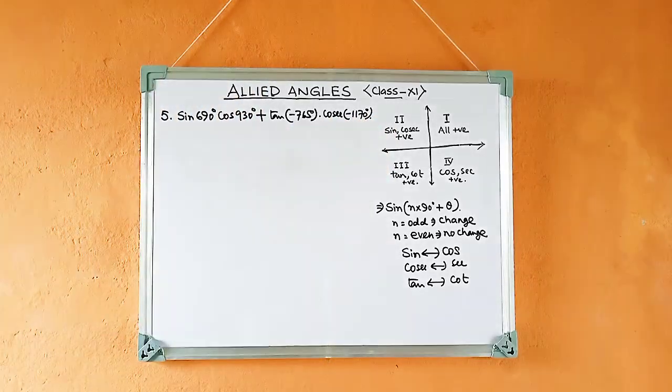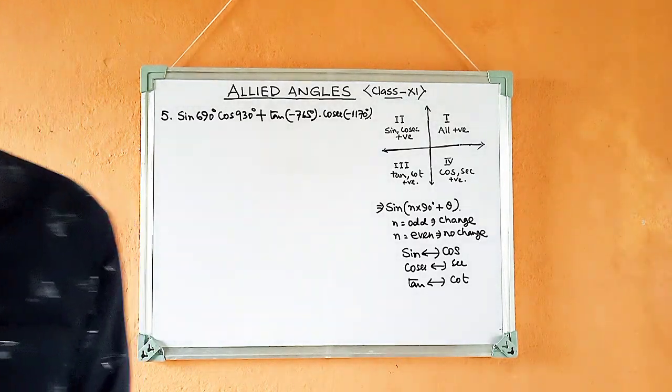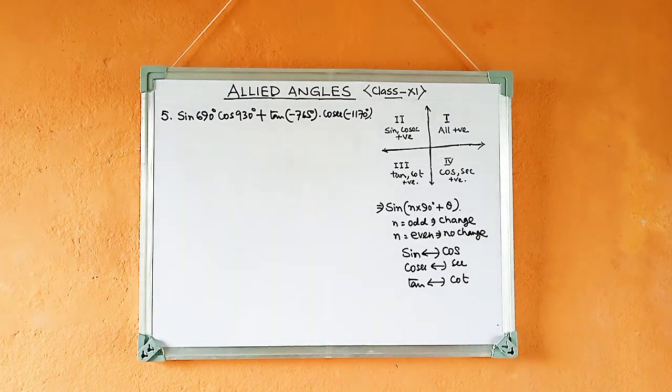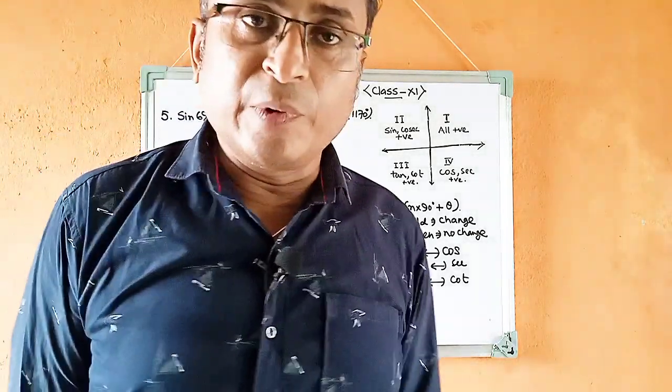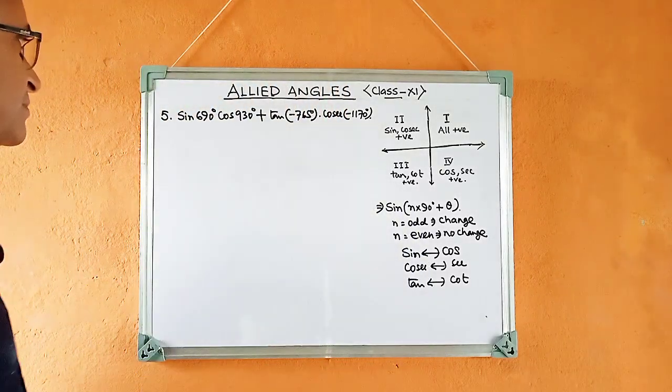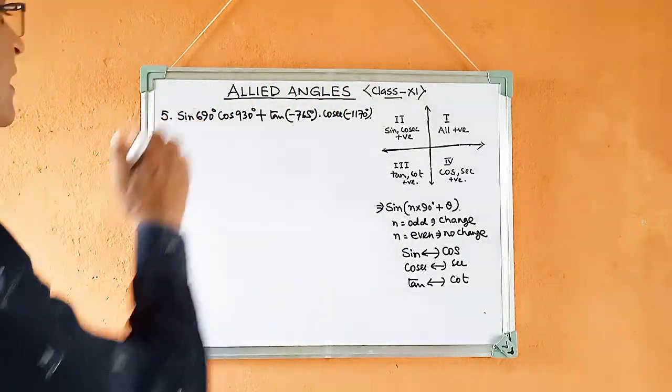Now see, find the value of sine 690 degree into cos 930 degree plus tan minus 765 degree into cosec minus 1170 degree. Another important sum. See carefully.